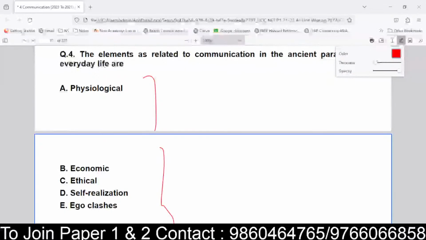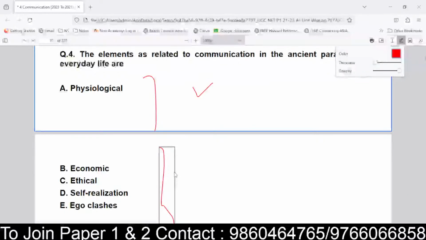Ancient pattern of lifestyle. When we talk about the ancient pattern of lifestyle, it indicates physiological, economic, ethical, yes. Self-realization, yes. But not ego clashes.